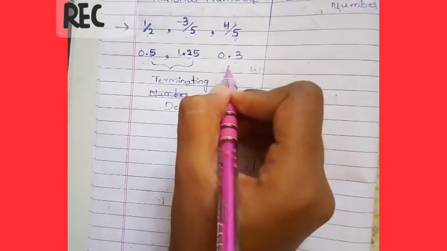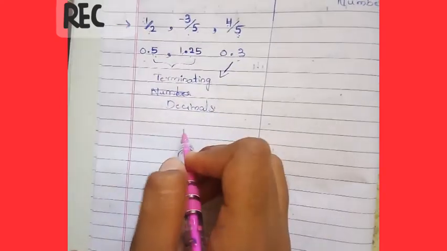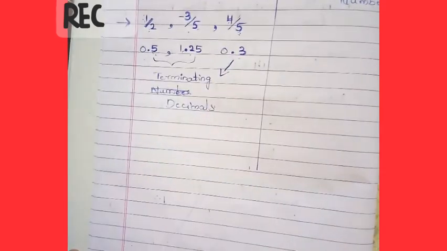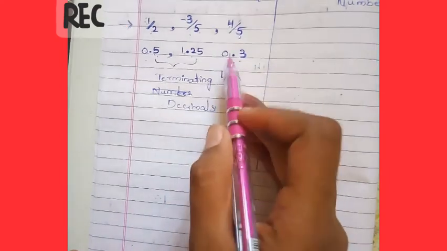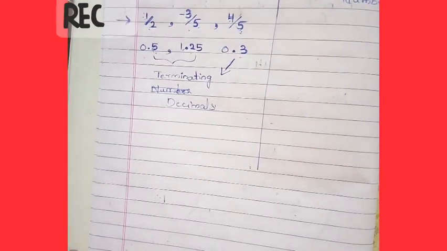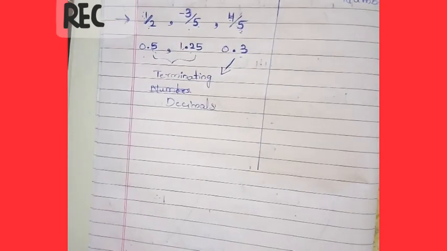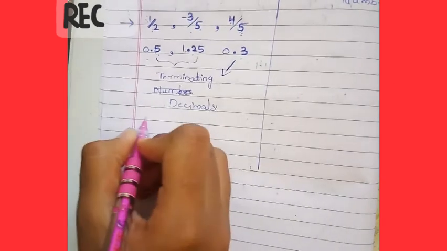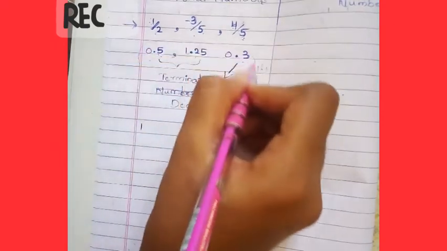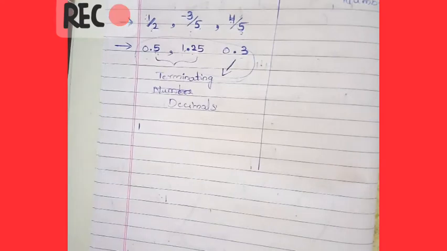Because this is also a terminating decimal, because there is a finite number, a single number after the decimal point. This also proves that these are rational numbers.